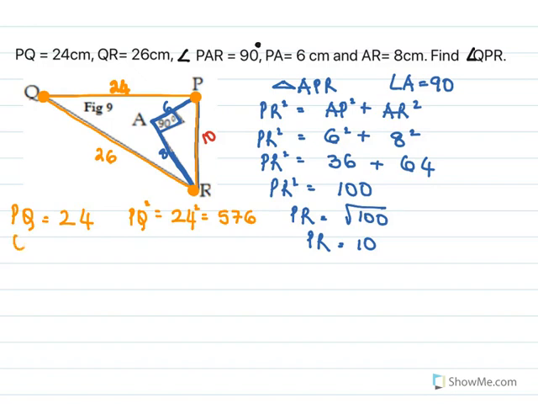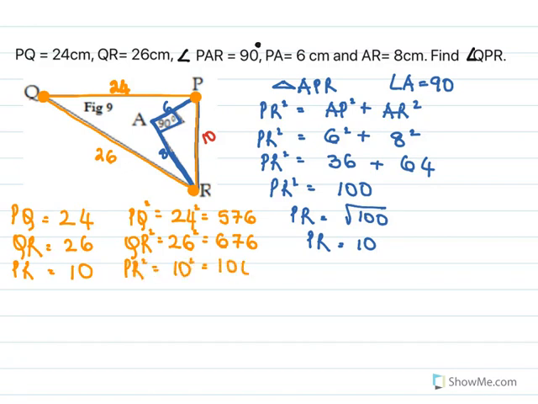Then it's given to us QR equal to 26. So QR square is 26 square, which is 676. And we found out PR. PR we found out is 10. So PR square equal to 10 square, which is 100.